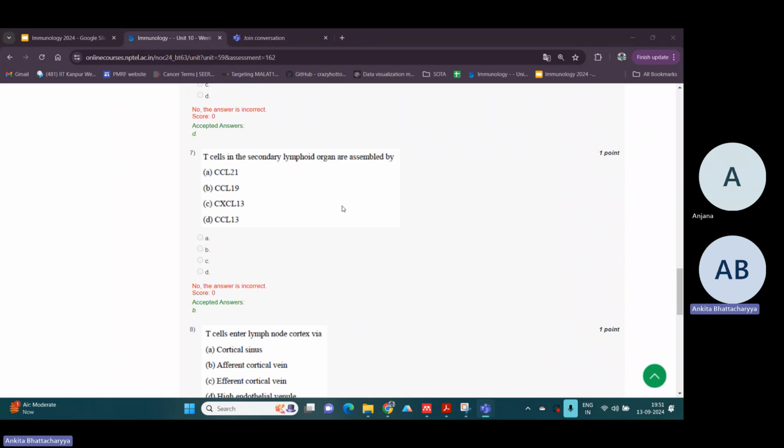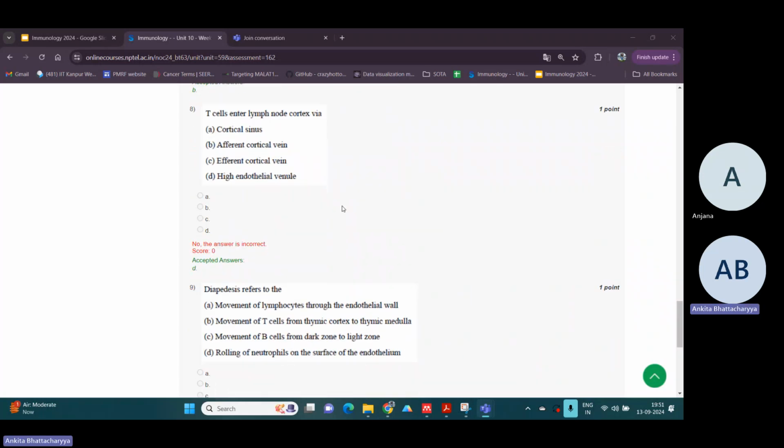Some examples, if you have them in mind, will always give you an edge over others who might not have paid so much attention to it. It was a very direct question, and the correct answer here was CCL19. There are no tricks or tips to get by with this. It's a simple memory-based question. If you remember it, you'll be able to answer something like this.